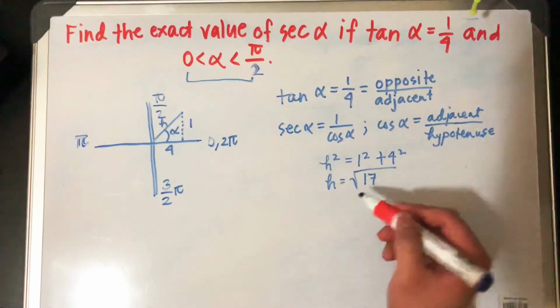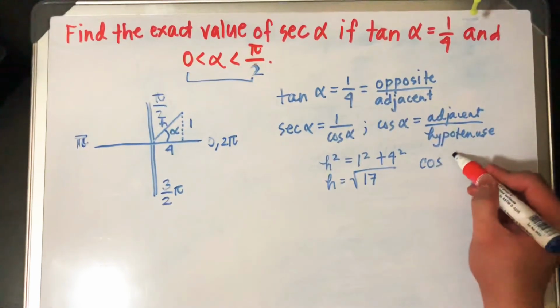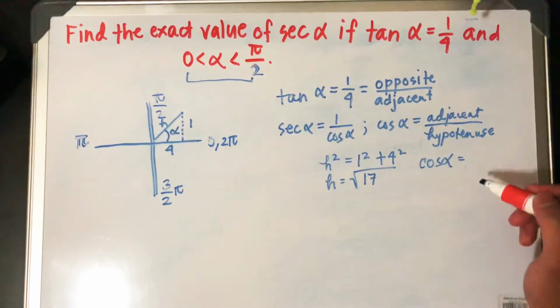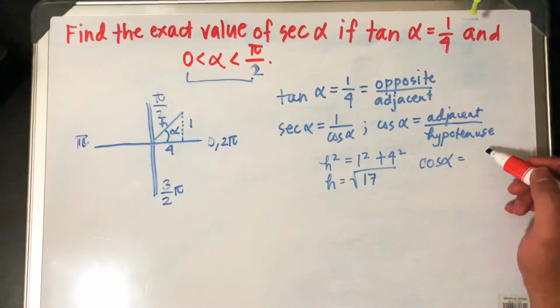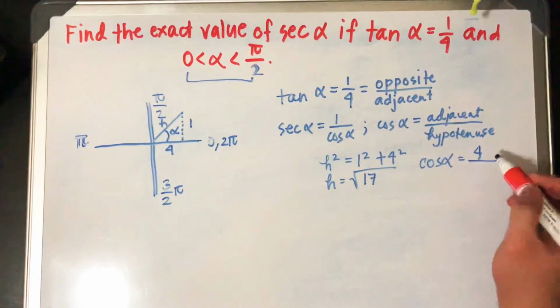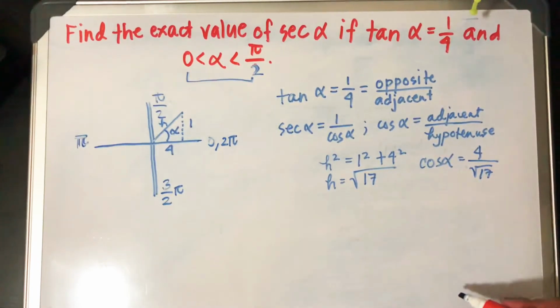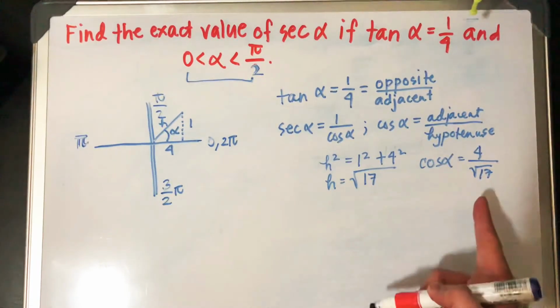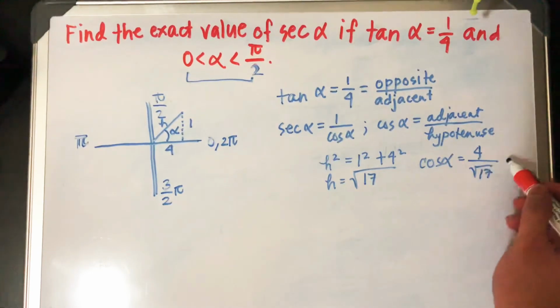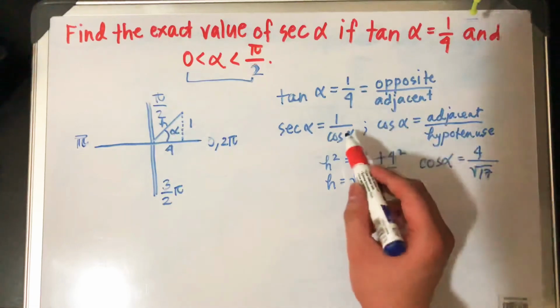Therefore, cosine alpha is equal to, the adjacent side again is 4, and the hypotenuse is square root of 17. Now we have the value of cosine alpha.